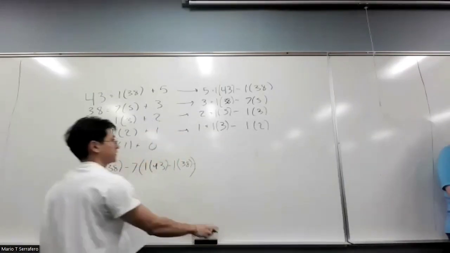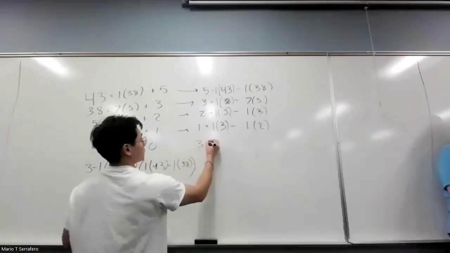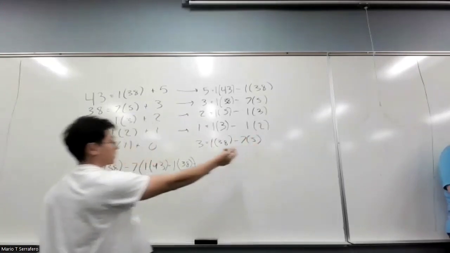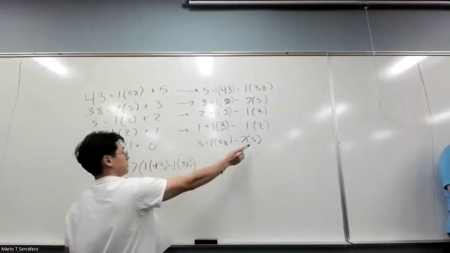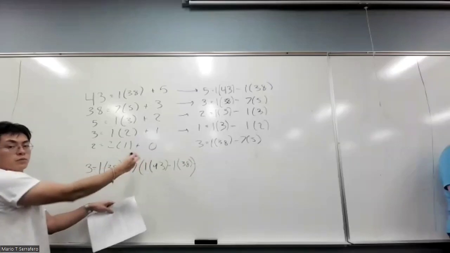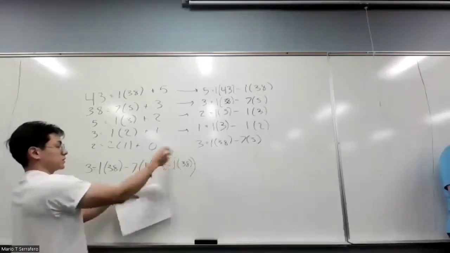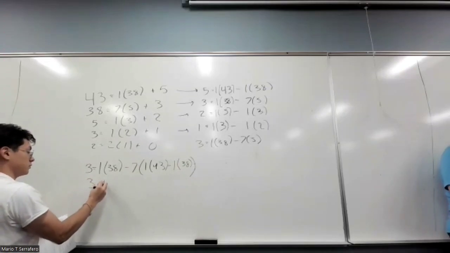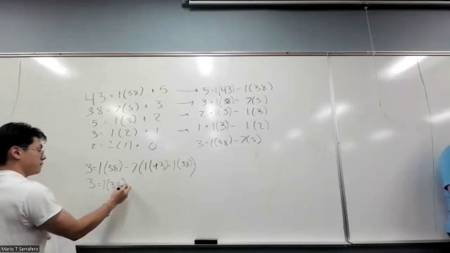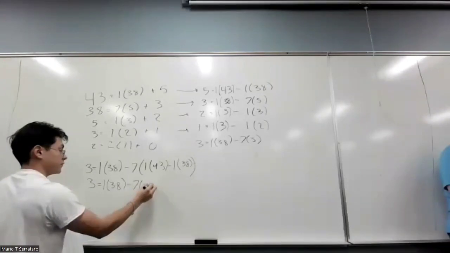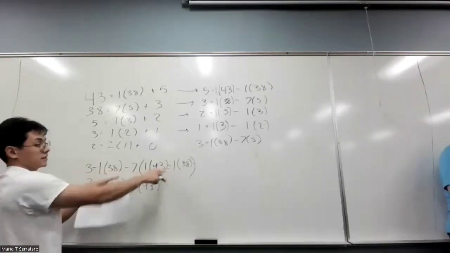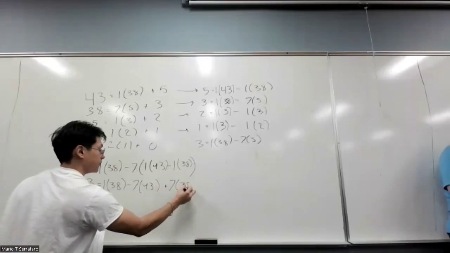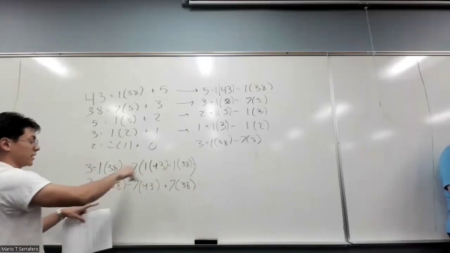So all we did to get from 3 equals 1 times 38 minus 7 times 5, I just substituted that 5 for this 5. And now we distribute the 7 to these coefficients. 3 equals 1 times 38 minus 7 times 43, plus, because negative times negative is positive, plus 7 times 38. Then you combine like terms.